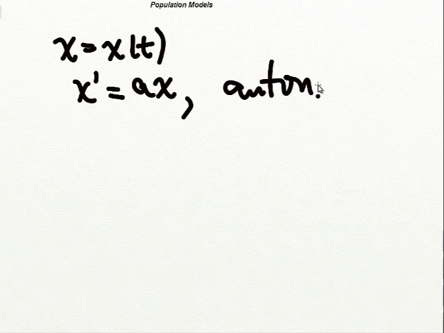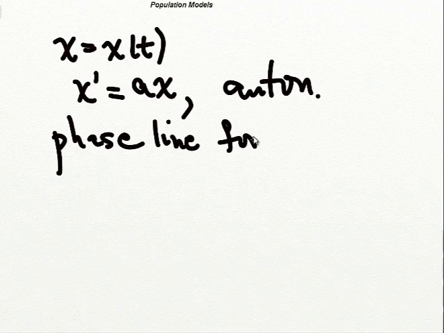phase line, which you encountered earlier in the course, for x looks like this. Here's 0, and there are basically two possibilities.